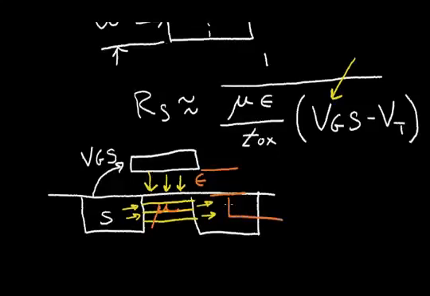So TOX is this dimension. What I really want to illustrate here is that as you apply a gate voltage relative to a source and drain that are at ground and a substrate that is at ground, you create a sheet of silicon under this gate electrode. And as the gate voltage increases, the thickness of the sheet increases, making the resistance lower.